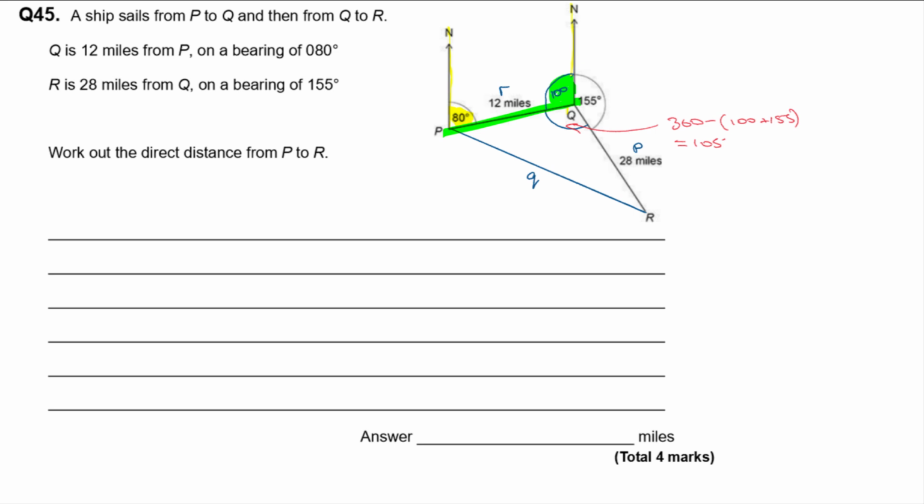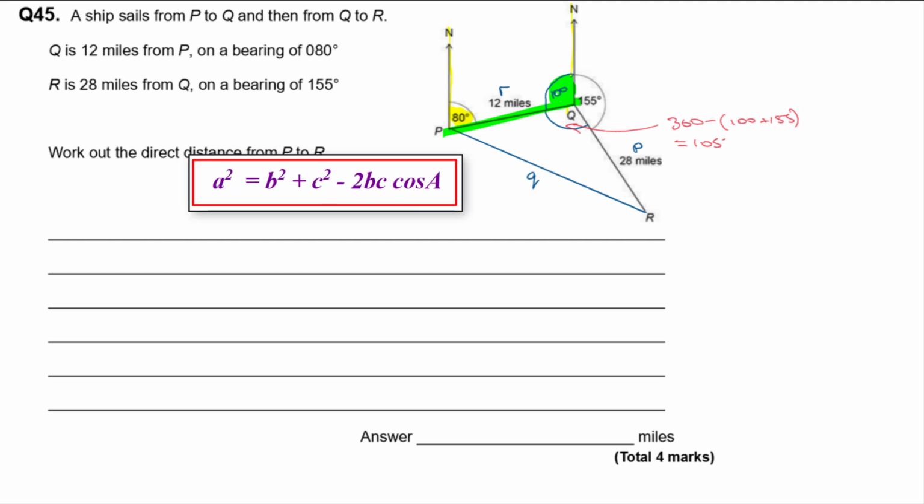So now we're ready to crack on with using the cosine rule. Formulating it in terms of the sides I've been given, Q squared equals P squared plus R squared minus 2PR cos Q. Remember on our pattern that the letters repeat, P and R repeat, and then it ends and starts with the same letter.